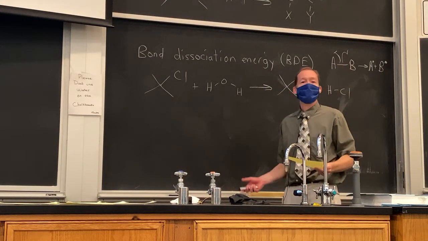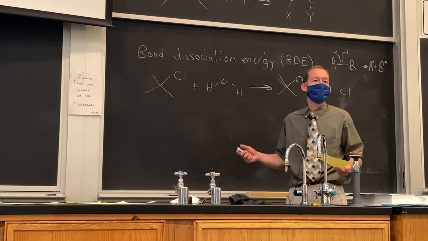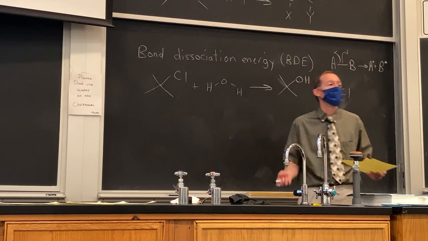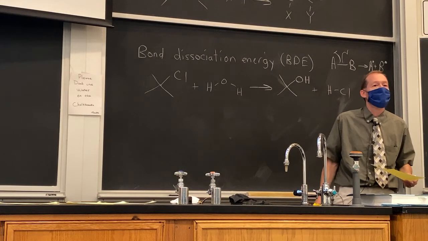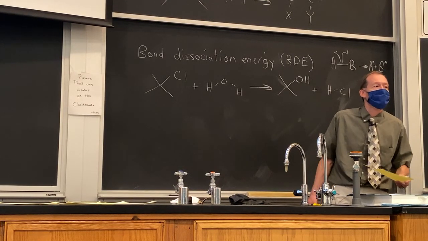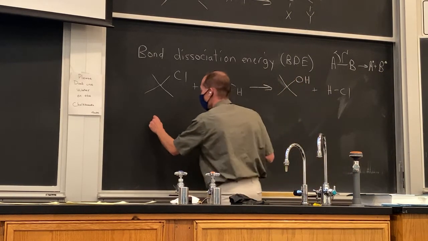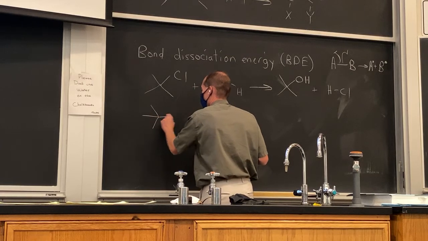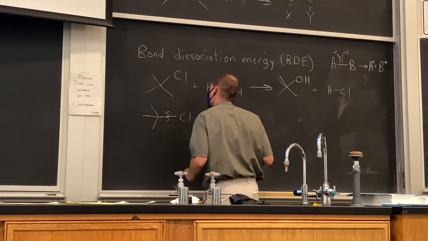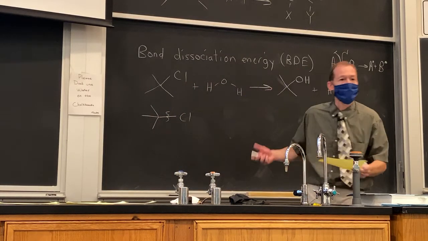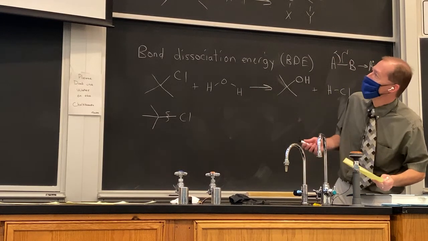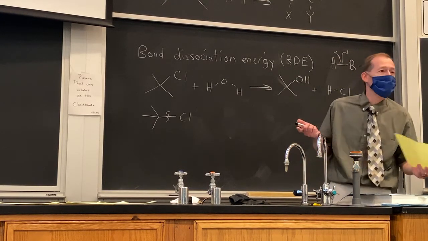So first, let's look at the bonds that are broken. Which bonds in the starting materials are broken in this reaction? Okay, we have a carbon-chlorine bond. And it's a carbon-chlorine bond to a tert-butyl group. Do we have such a bond in this table?